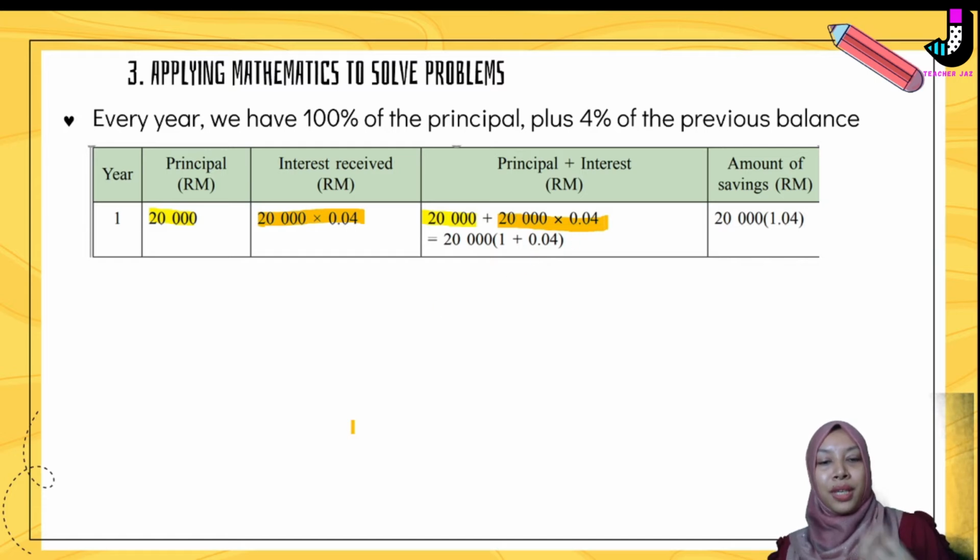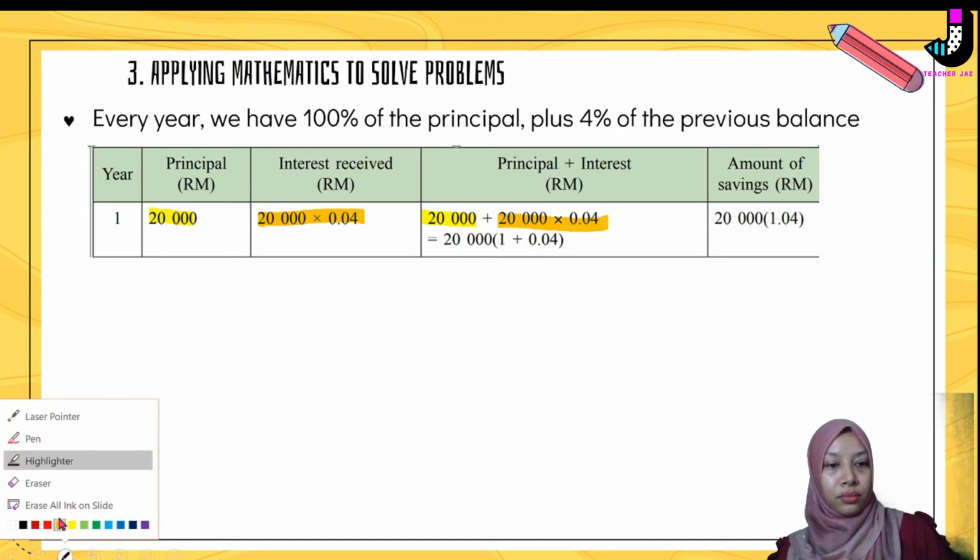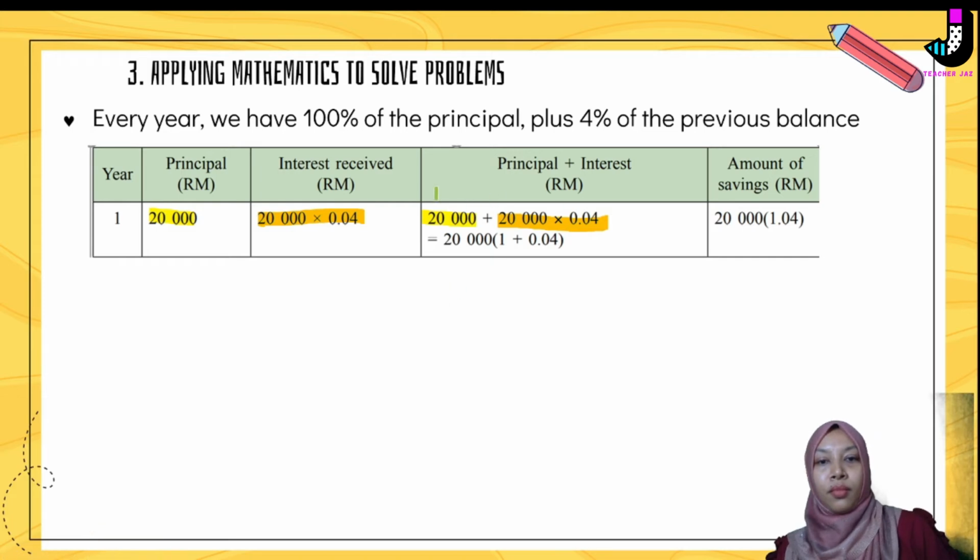From here, you can do the factorization, which brings out the same number with the same factor. Here we have 20,000, so you bring out the 20,000, then inside you will get 1 plus 0.04. Someone might ask me, why must this one be 1?